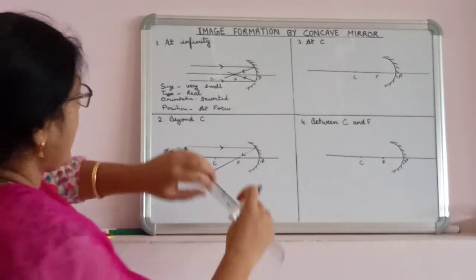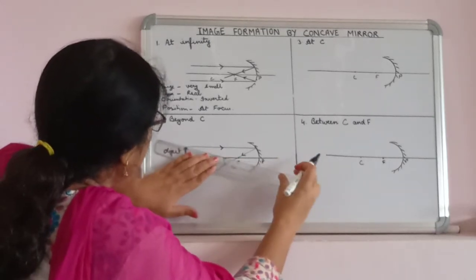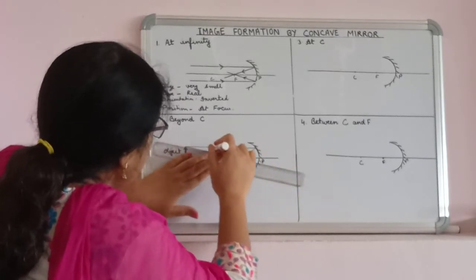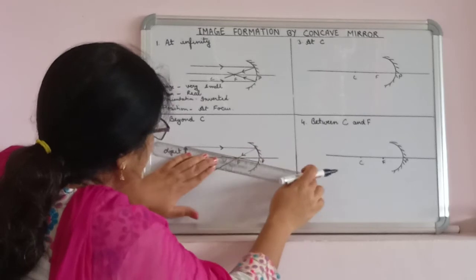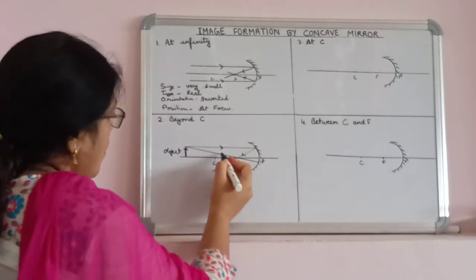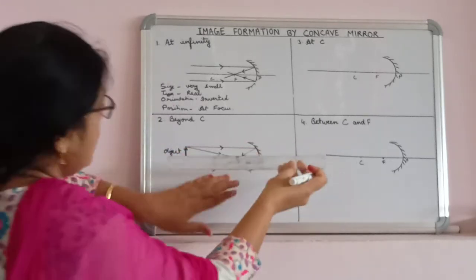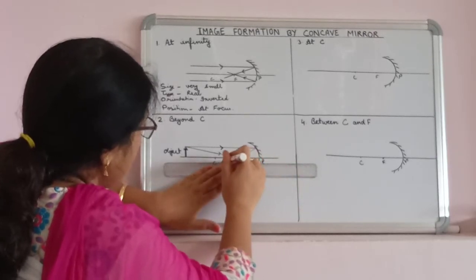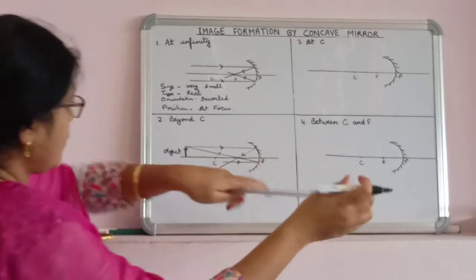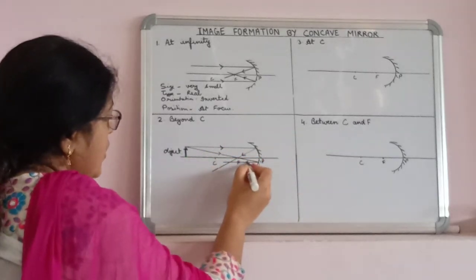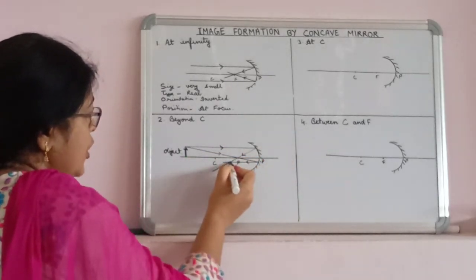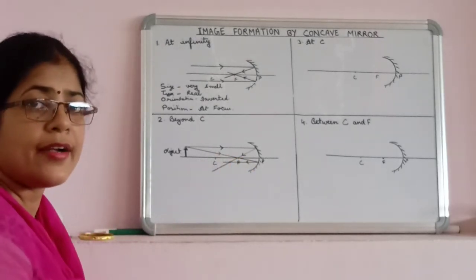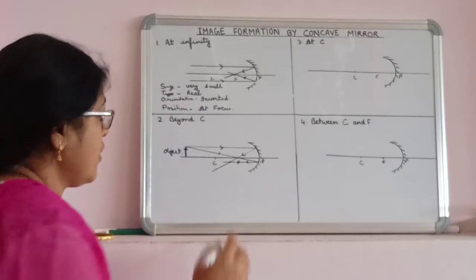Let us apply the second one only, according to which the ray of light which is passing through the focus becomes parallel to the principal axis, like this. Now see, in this position we are having the real intersection of the reflected rays.